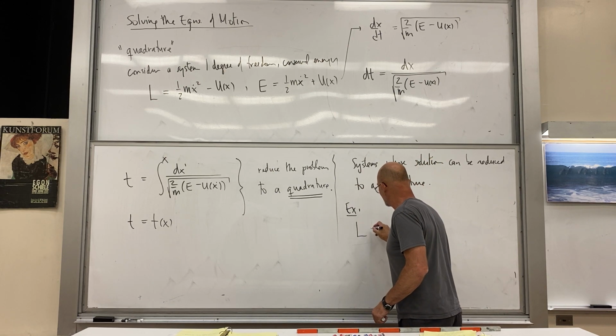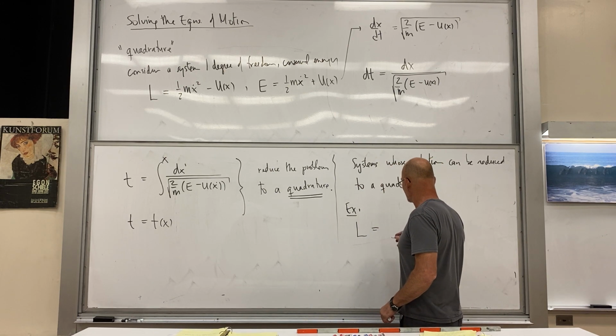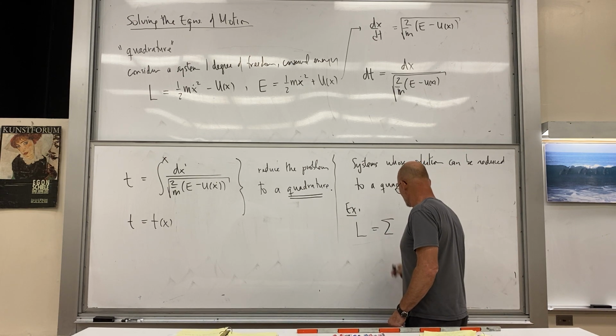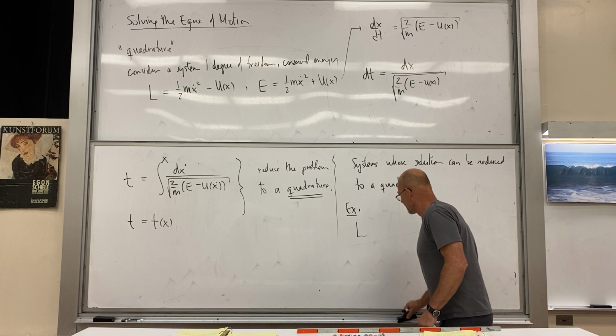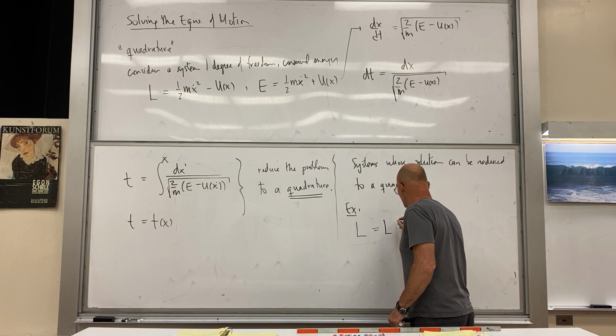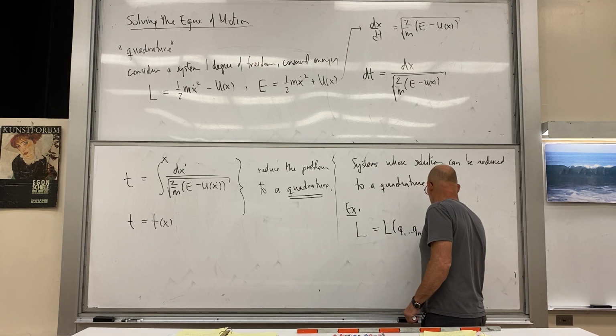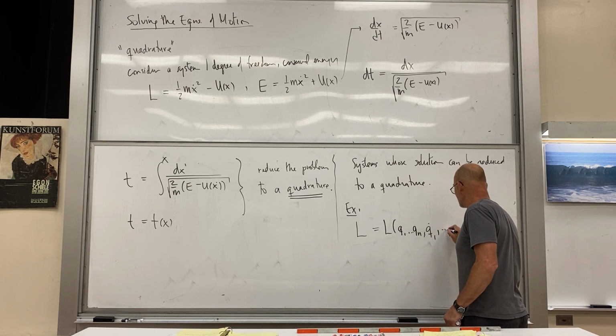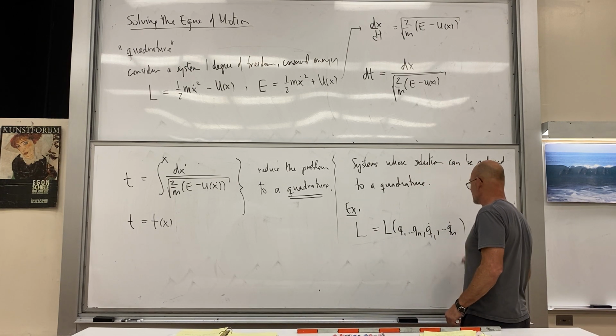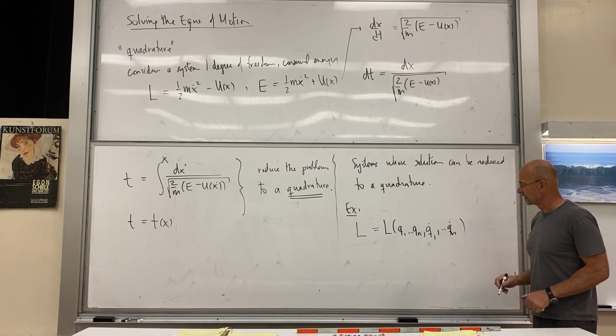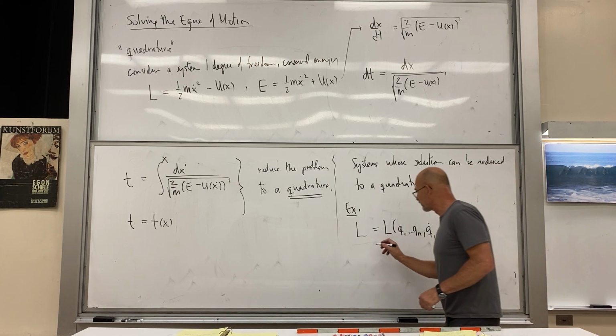So suppose L is a function of q1 to qn, q1 dot to qn dot. And this one has a certain form.